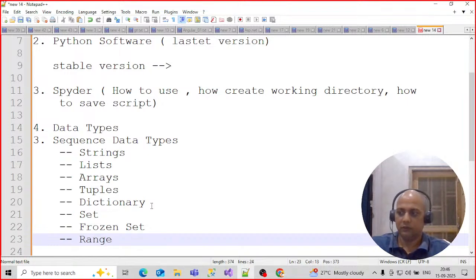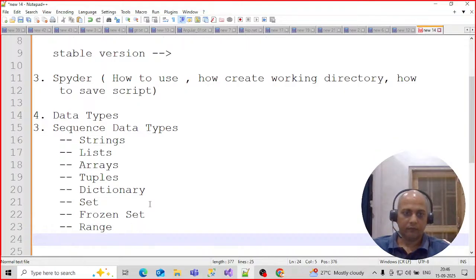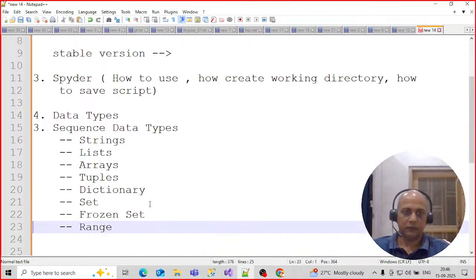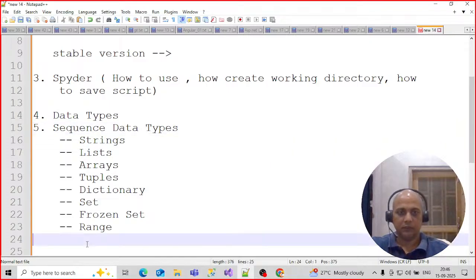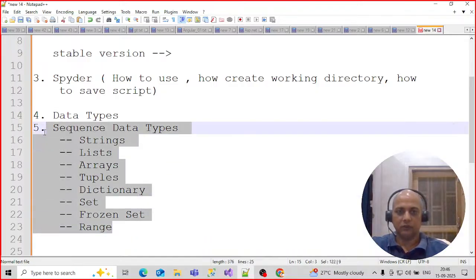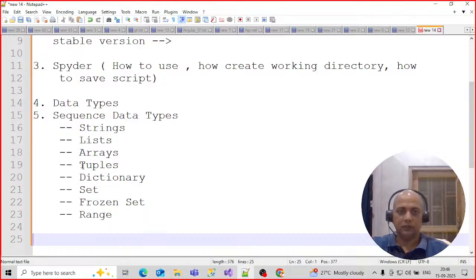So these are the sequence data types and all about them, and how questions can use the data types, what problems we can solve using them.